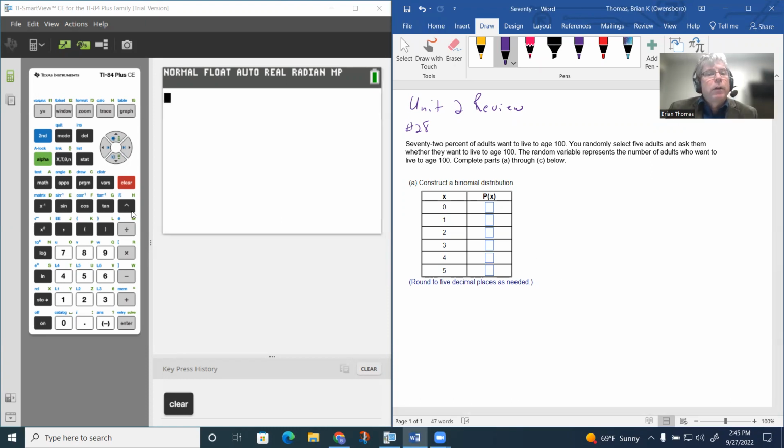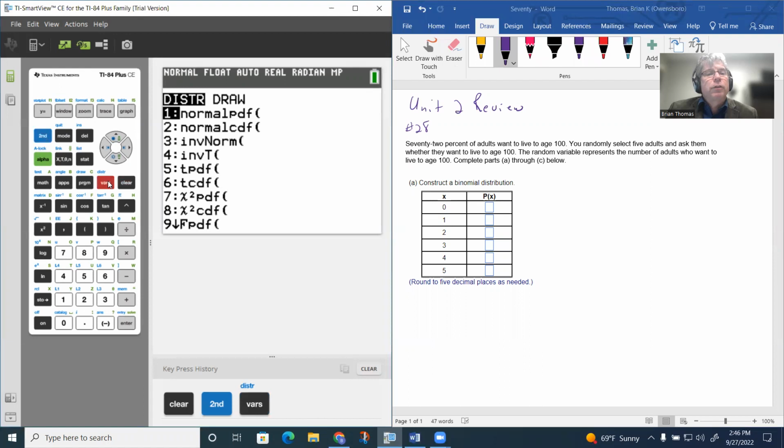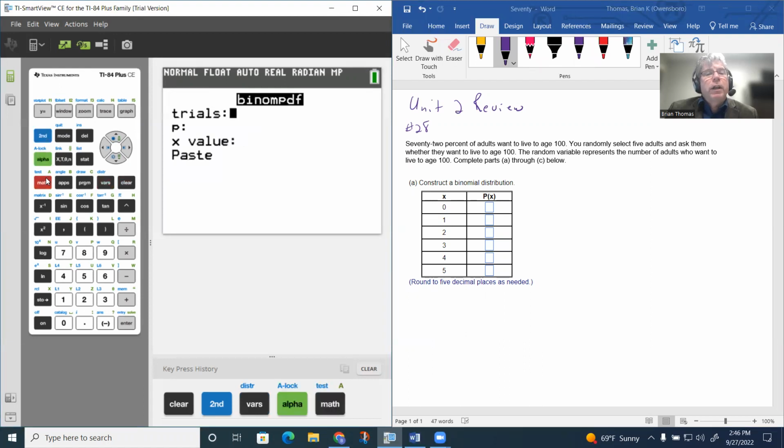So notice how if we go to second VARS, right above it is the DISTR button, that's distributions. If we hit alpha and then A, that actually takes us to the binomial probability distribution function. So if I do that, that takes me straight there. So the number of trials, I believe we had 5 adults, so we have 5 trials.